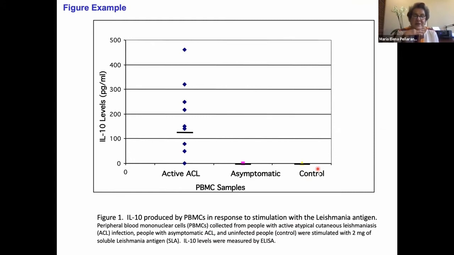And in the text, you will say, we analyzed all the cytokines, and all of those showed similar levels from control to cases to symptomatic and asymptomatic people. But we found a big difference in the active ACL and IL-10, and then you present this graph.